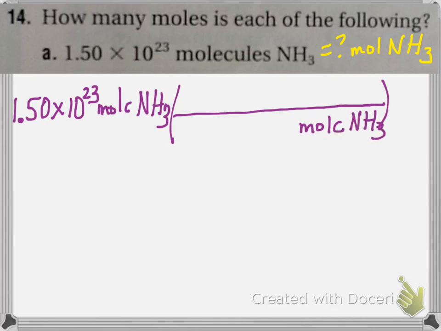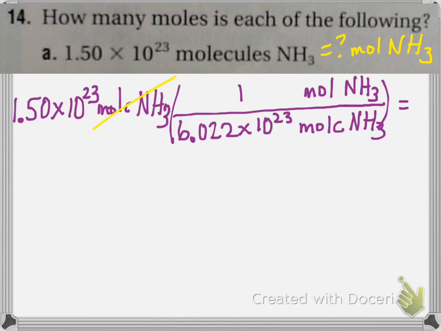When I look at my tools on my toolkit, I can convert molecules to moles. 1 mole is Avogadro's number. Okay. So molecules of ammonia are crossing out with molecules of ammonia. I'm going to be left with moles of ammonia. And significant figures wise, I have 3 sig figs here, so my answer can have 3 sig figs.